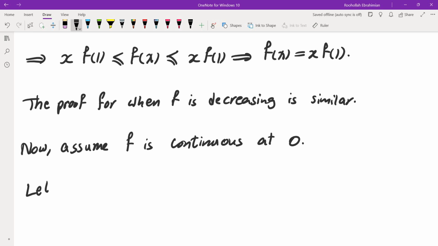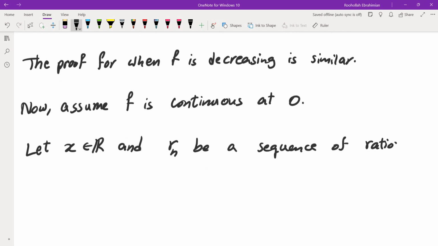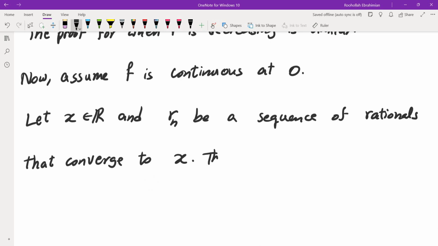So let x be in R and Rn be a sequence of rationals that converge to x. Okay, so since Rn converges to x, x minus Rn converges to 0.